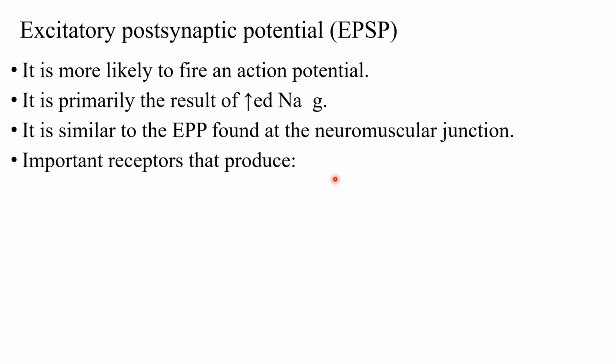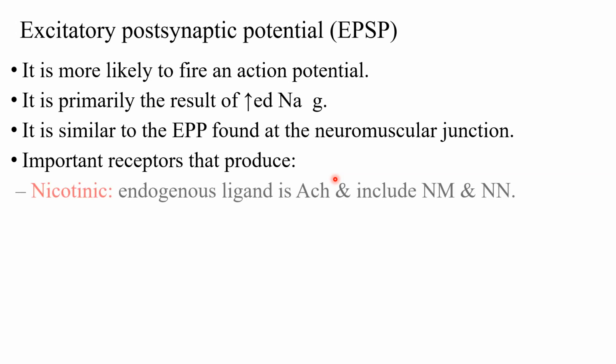An important receptor that produces this excitatory postsynaptic potential is the nicotinic acetylcholine receptor. The endogenous ligand is acetylcholine, and it includes the neuromuscular junction, right?